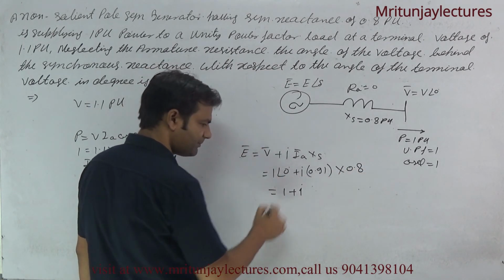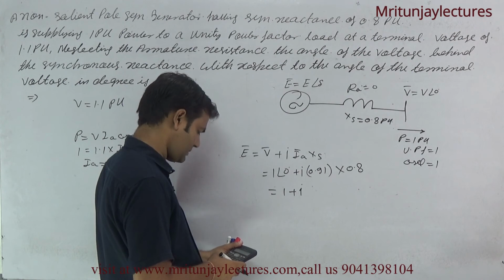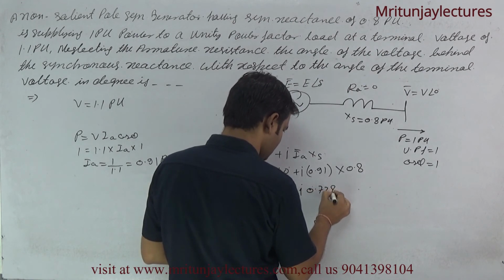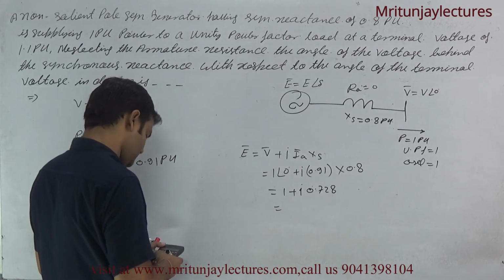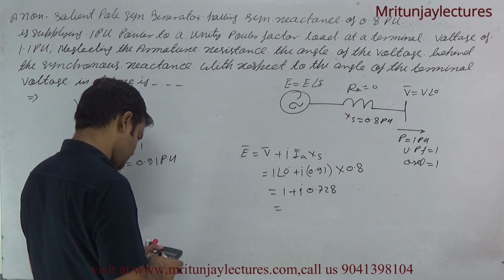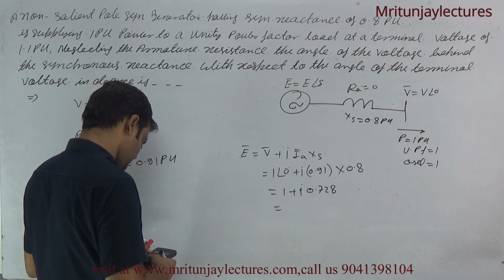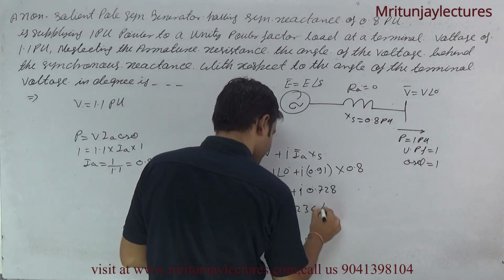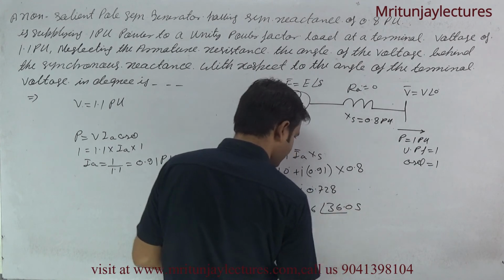So 1.1 plus j 0.728. So finally we got 1.1 plus 0.728 j, which is written as 1.236 at the angle 36.05 pu.